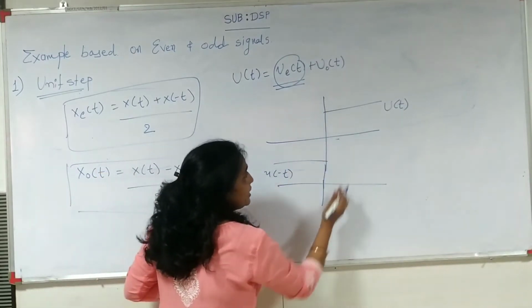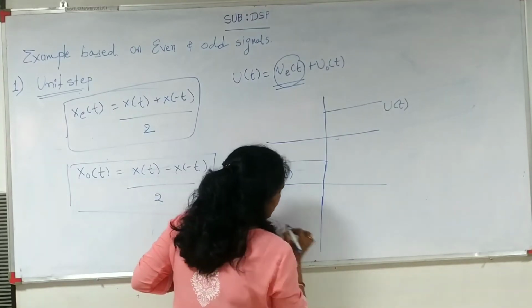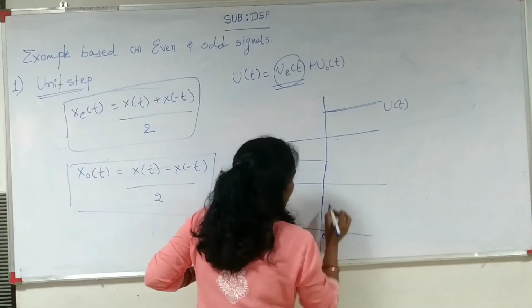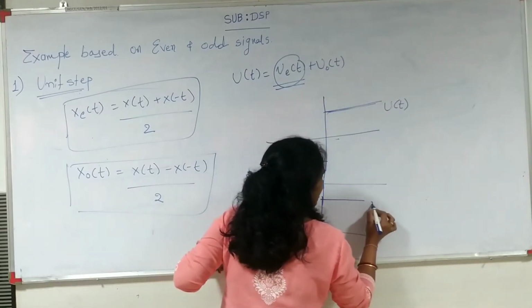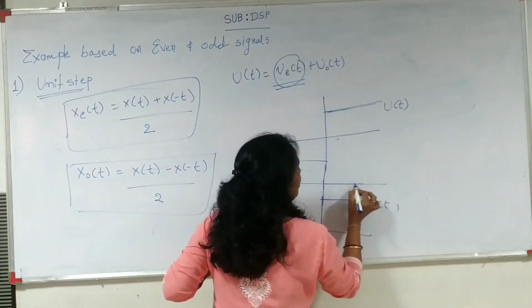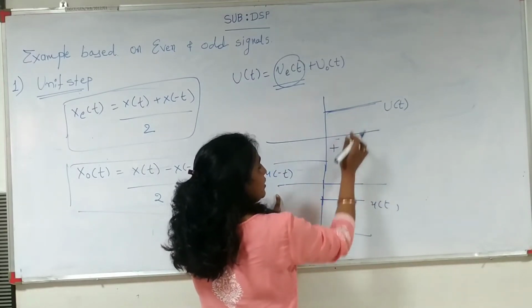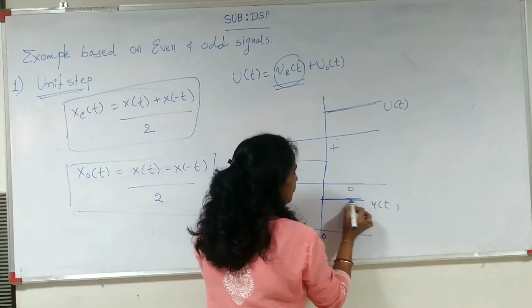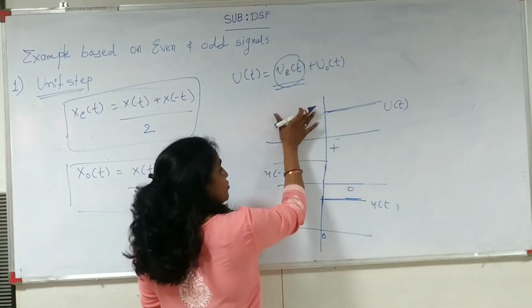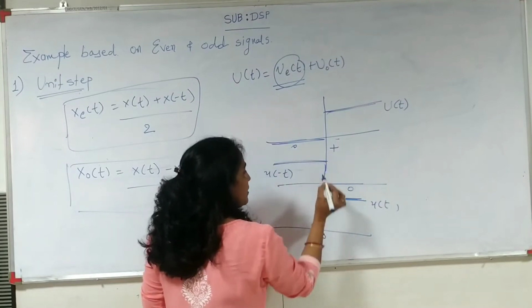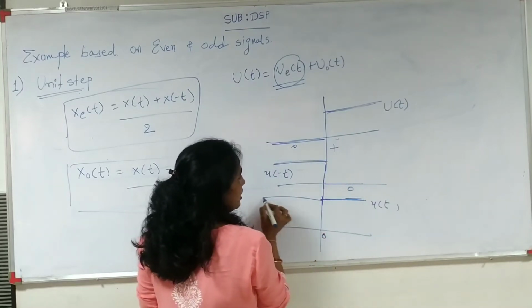Suppose I am adding these two signals. At this level we get the same value as u of t, because here the value of u of minus t is 0. So this is nothing but u of t. In the same way, adding this portion to this portion, here the value is 0 and this one is plus 1, so it is again 1.